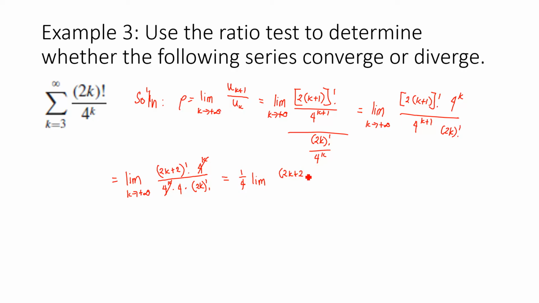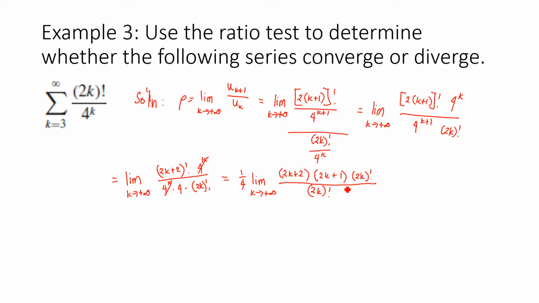We are going to expand this one: 2k plus 2 times 2k plus 1 times 2k factorial over 2k factorial as k approaches positive infinity.